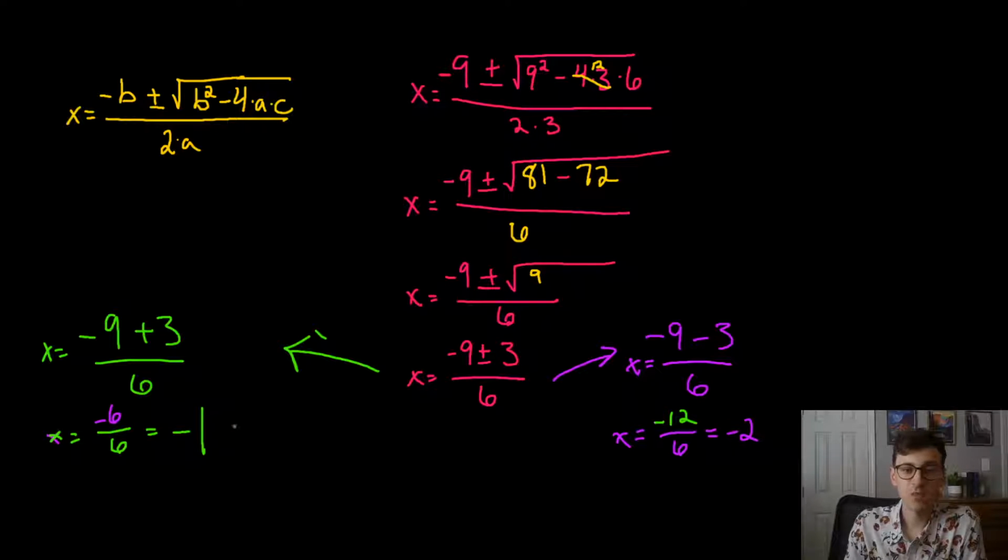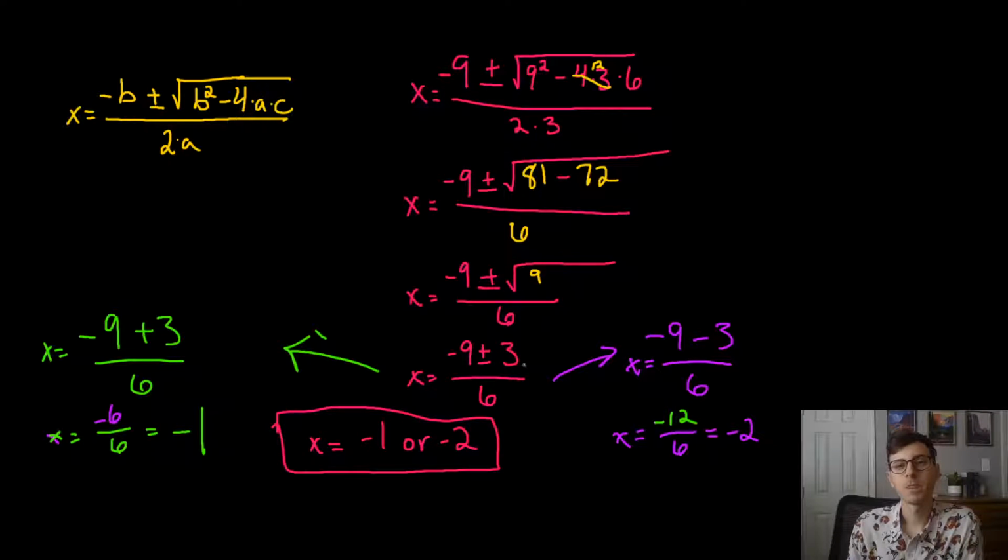So x could either be negative 1 or negative 2. X equals negative 1 or negative 2. And there you have it. Okay, so there's your answer.